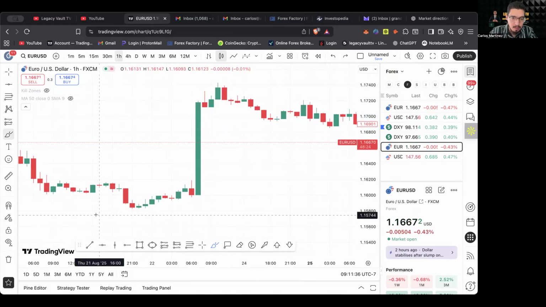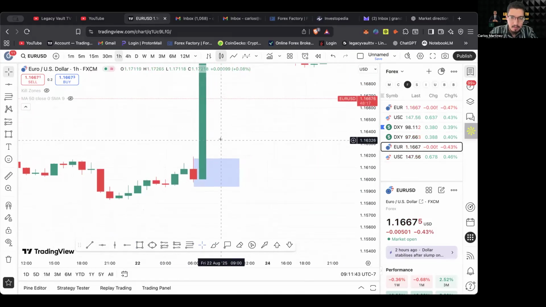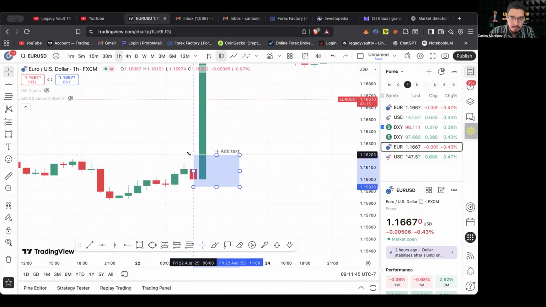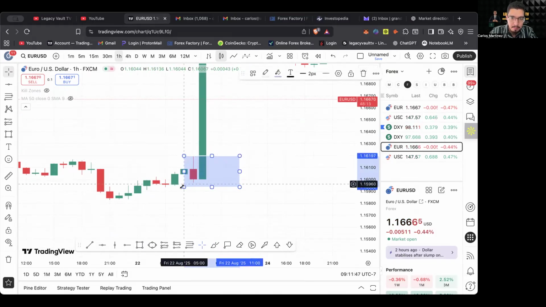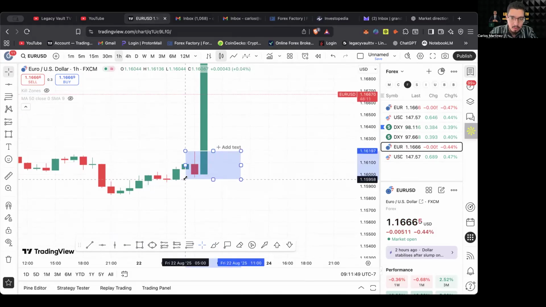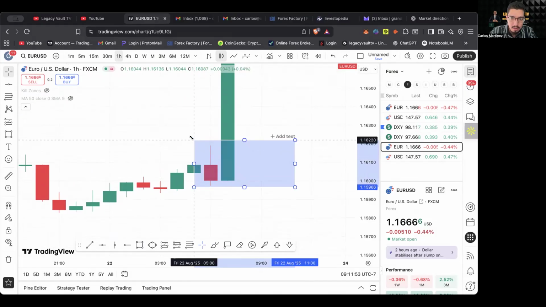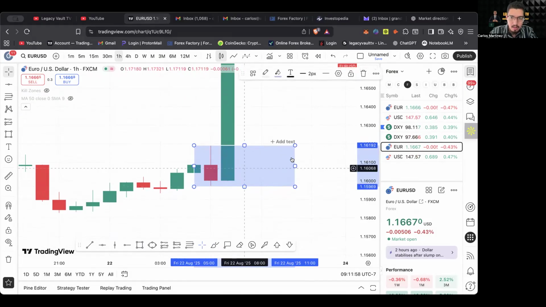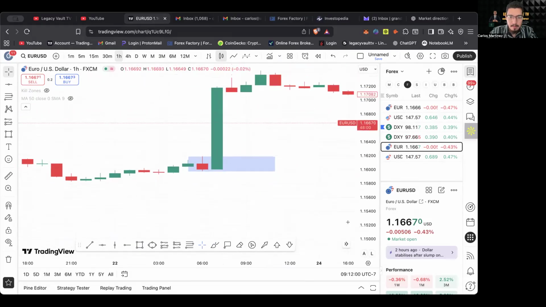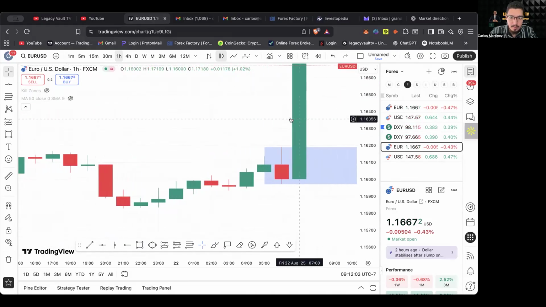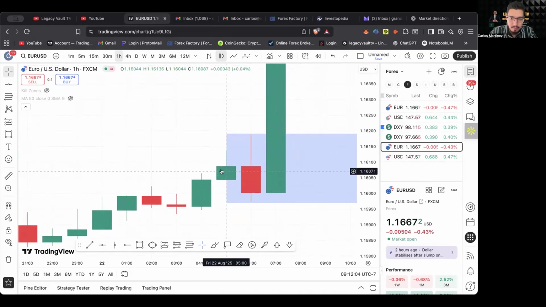And there's an order block right here. This bearish candle is an order block because buy orders were left open, creating a high buying pressure. So we can draw this demand zone from wick to wick, from the upper wick to the lower wick. And you see price also liquidated this previous candle.